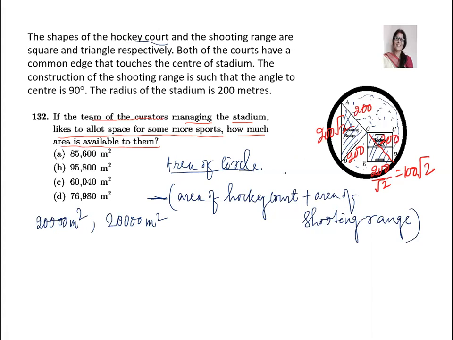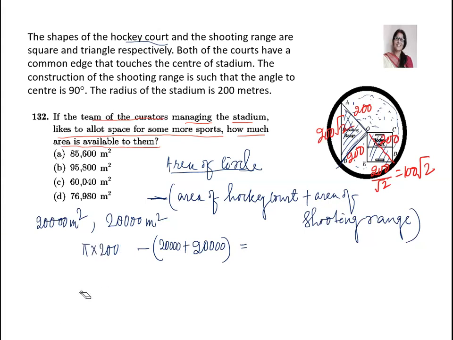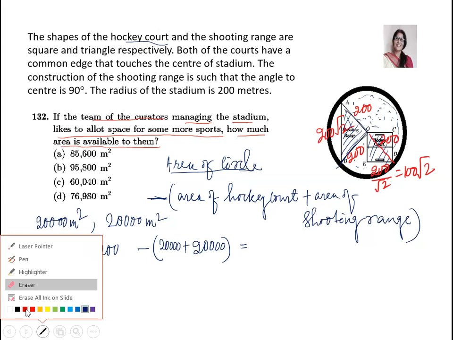It will be pi multiplied by 200 square, minus 20,000 plus 20,000. By mistake I have written 20,000, it will be 200 square because the radius was 200.